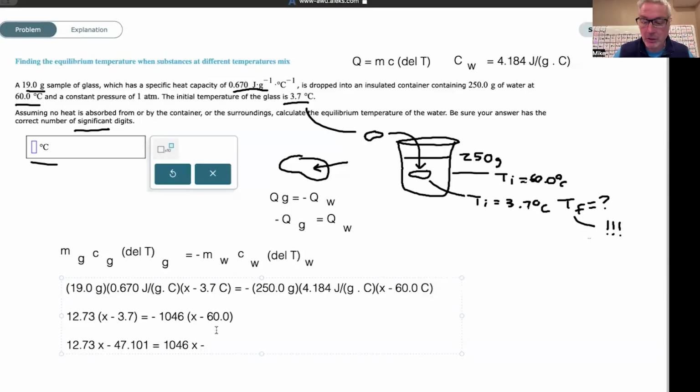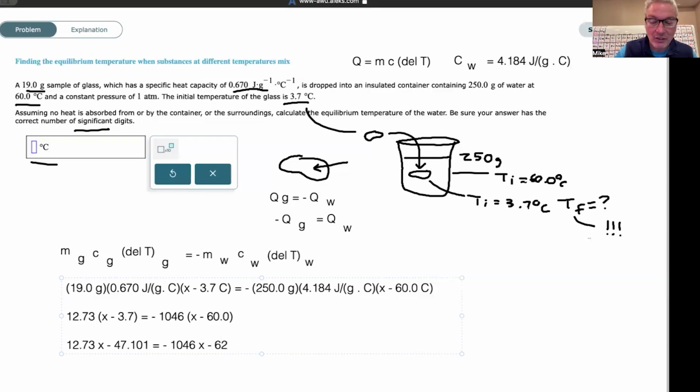I almost missed the minus sign. That would have been a nightmare. Got to really pay attention. 1046 times 60, and that should be positive because negative 1046 times negative 60, and it's gigantic.